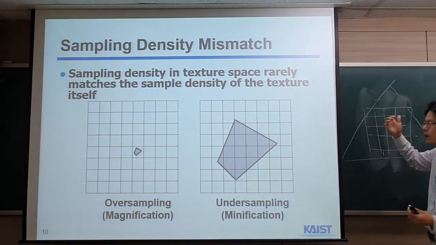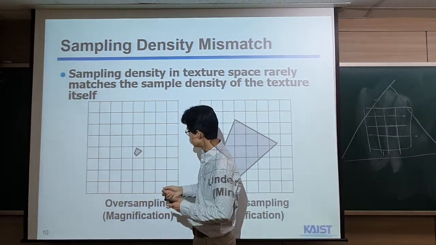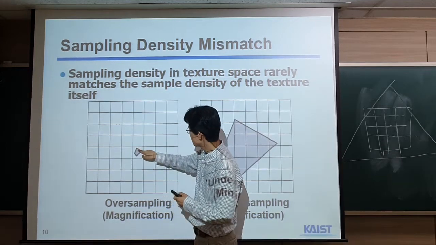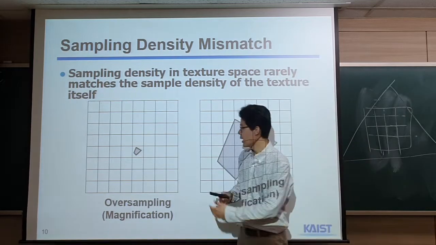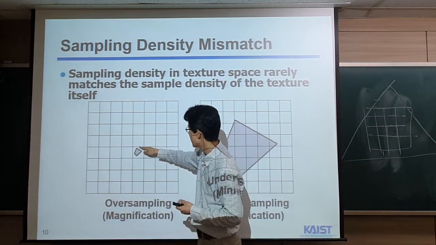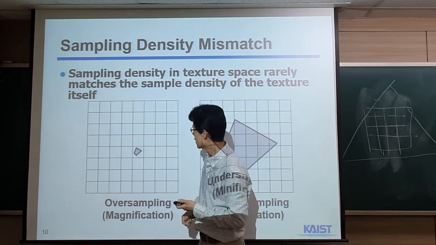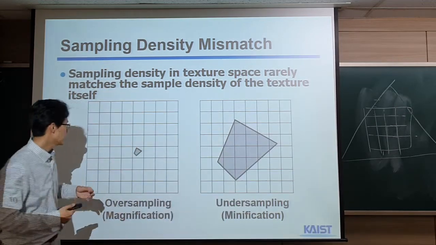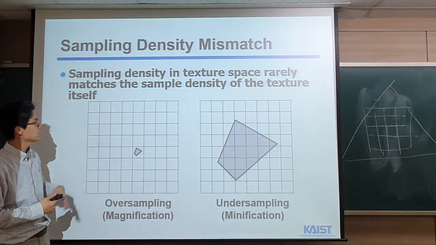So basically, in this case, the mapping region corresponding to the one pixel here maps to a sub-region of the texture. Suppose you can see that this is the texel region in the 2D map.